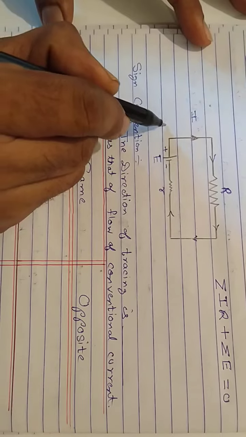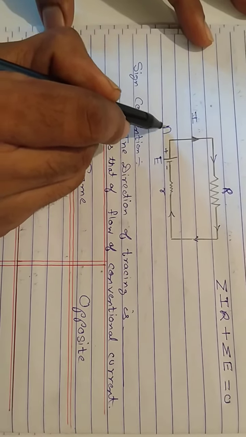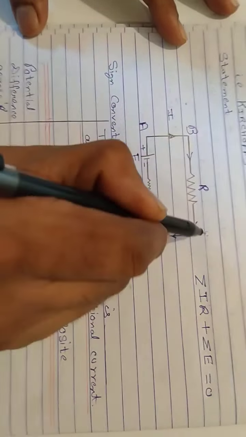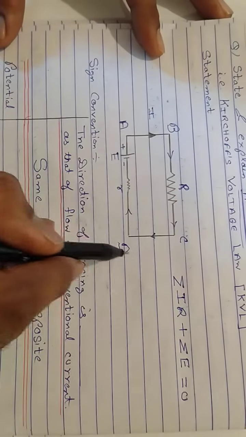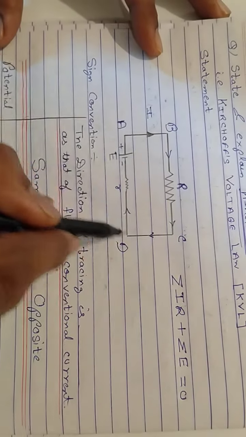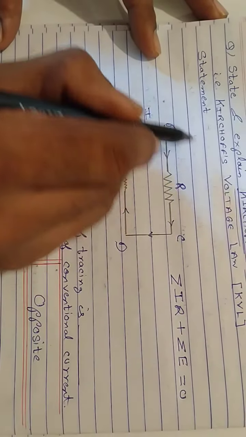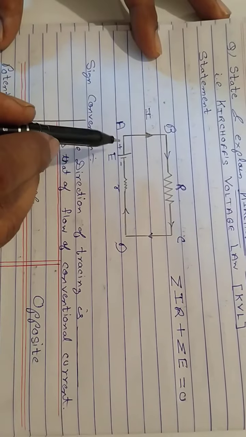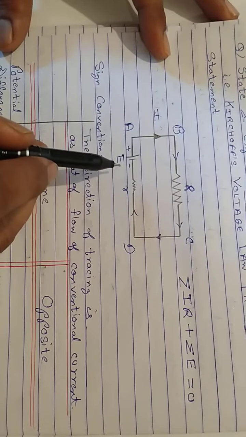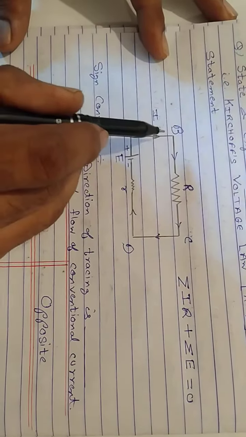Suppose I consider loop A, B, C, D. If I move along the electrical circuit in the direction A, B, C, D, this is my direction of tracing. You can go anti-clockwise also, but now I am going to consider only clockwise. So my direction of tracing is A, B, C, D.